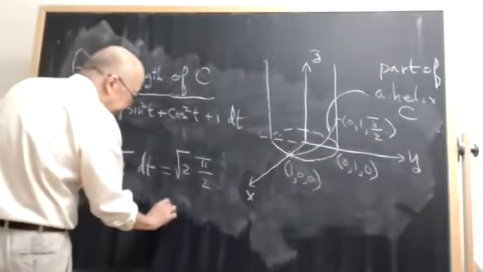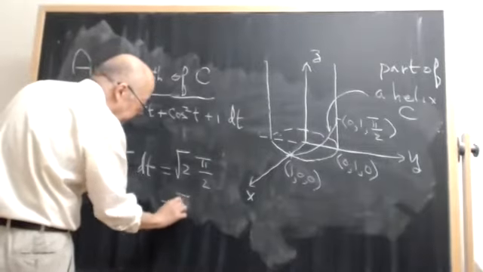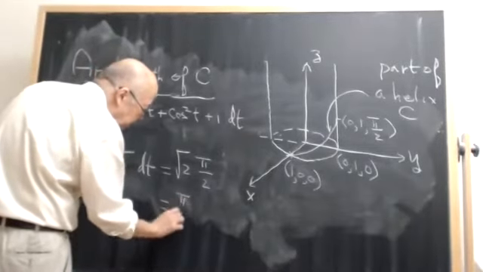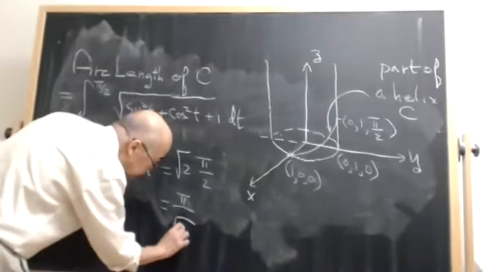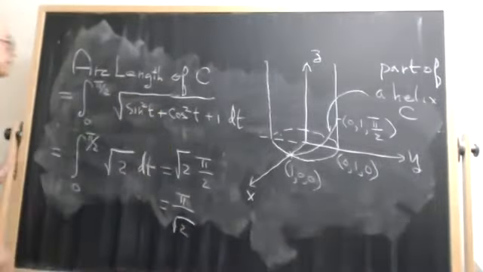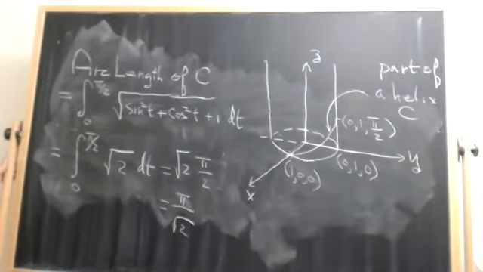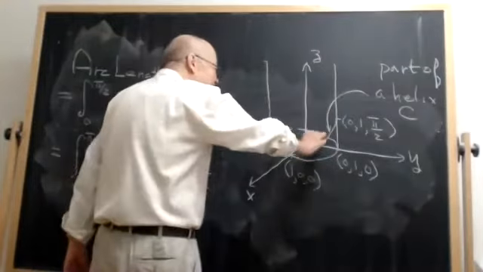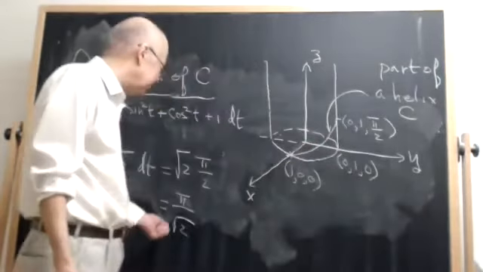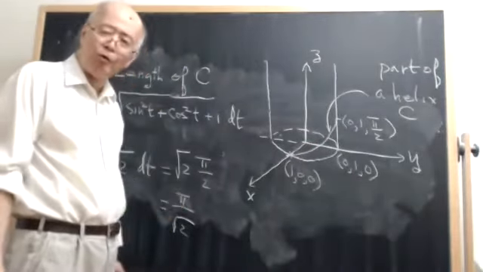And the answer is pi over the square root of 2. So the length of this part of the helix is pi over root 2.